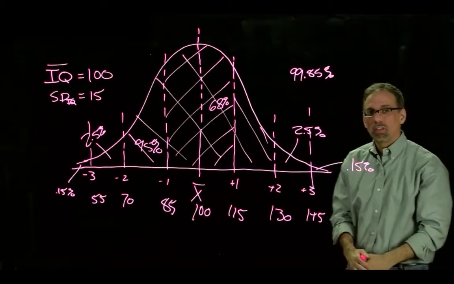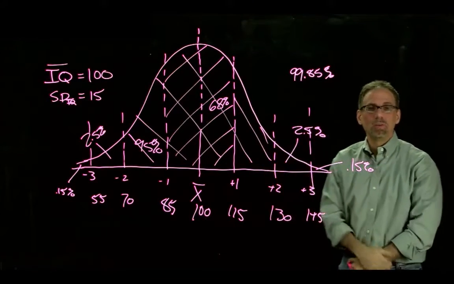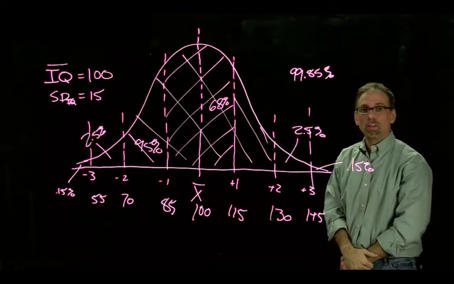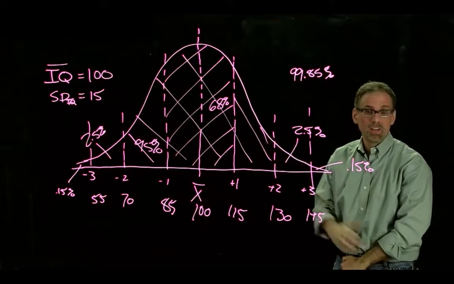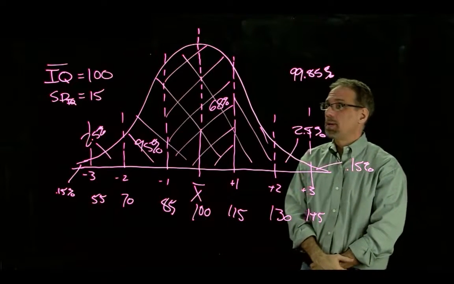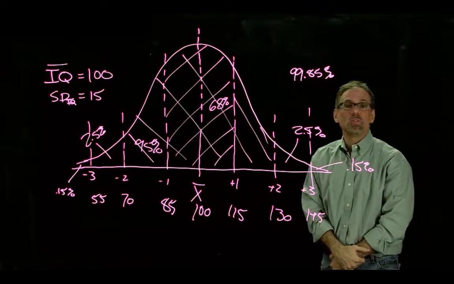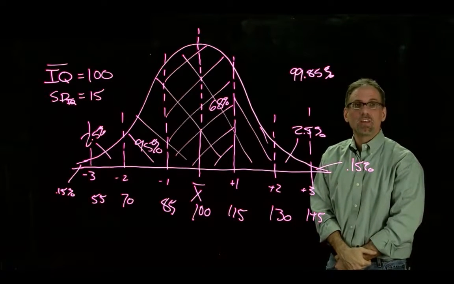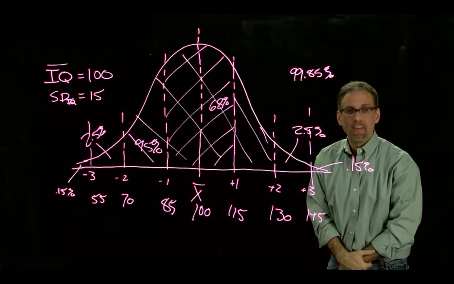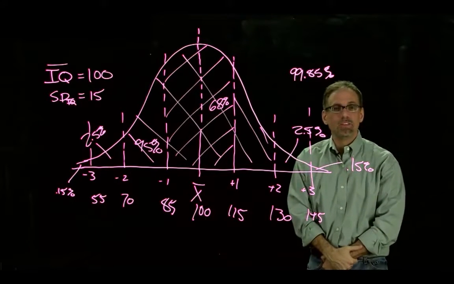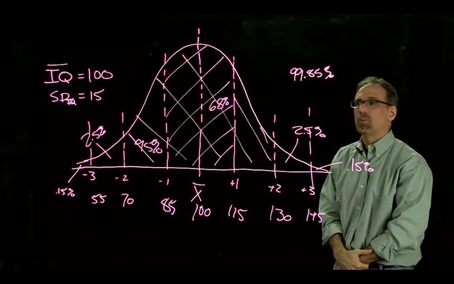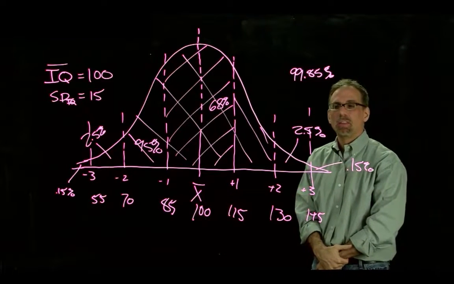Now, this is going to relate back to us doing testing of the question that we're interested in a little bit, because it's going to help us figure out the chances that we're wrong. And that's really what we want to do when we're doing statistics. We want to figure out what the chances are that we're wrong.